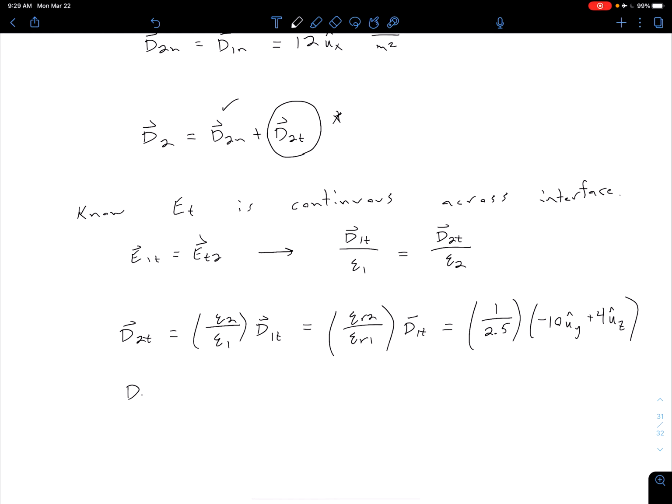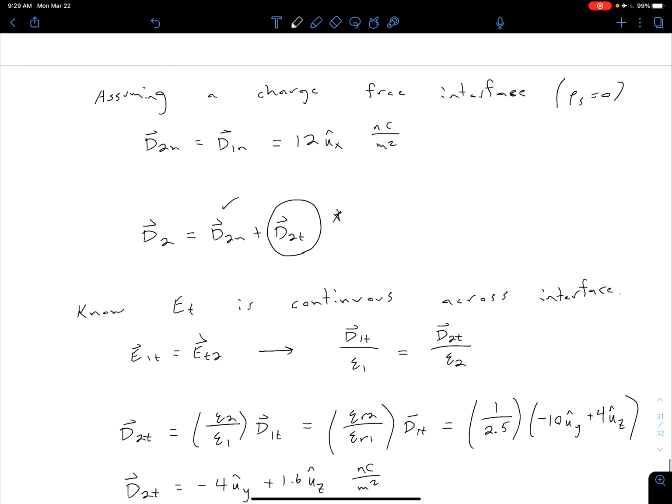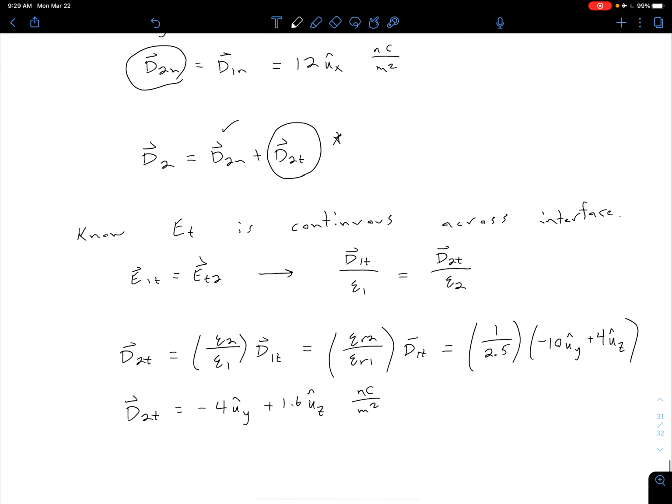We multiply that out, and we get that D2t is equal to negative 4 in our y direction plus 1.6 in our z direction, and again, our units are nanocoulombs per square meter. So now we're going to put these two pieces of information together: we know our normal component and our tangential component, and we have this relationship here.